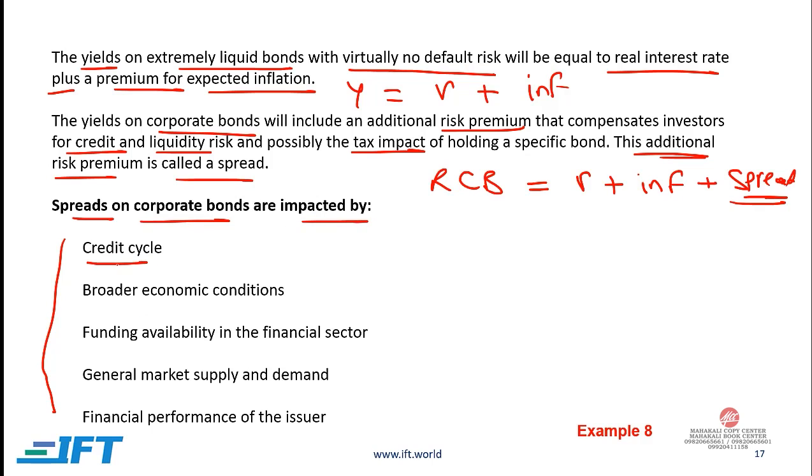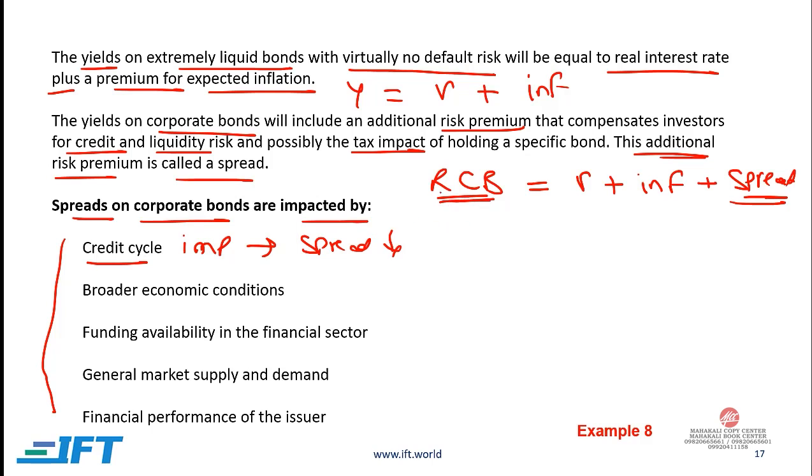One is the credit cycle. Credit spreads narrow when the credit cycle improves. A spread is narrower at the top of a credit cycle. So in other words, when the credit cycle improves, the spread will come down. This is because when the credit cycle is good, money flows to these risky corporate bonds.